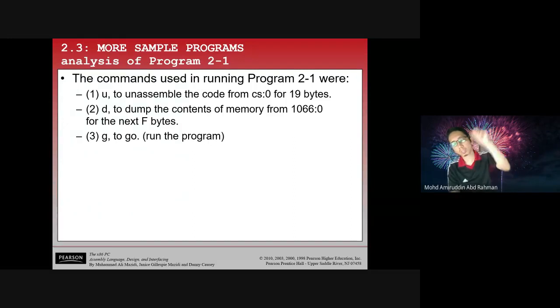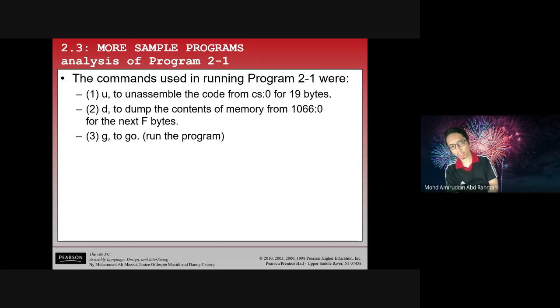So unassemble will list out what we have done. And then let's say we want to dump content, then we can type the dump, for example, we want to put the content at 1066:0.